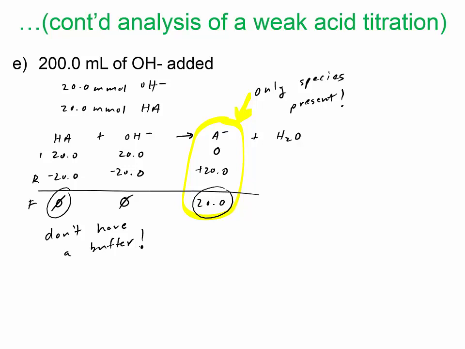So what this will go on to do is an ICE table. At the equivalence point, this is called the equivalence point or stoichiometric point. And so what we have is we first have to deal with our ICE table, and then now we need to do an ICE table with the conjugate.